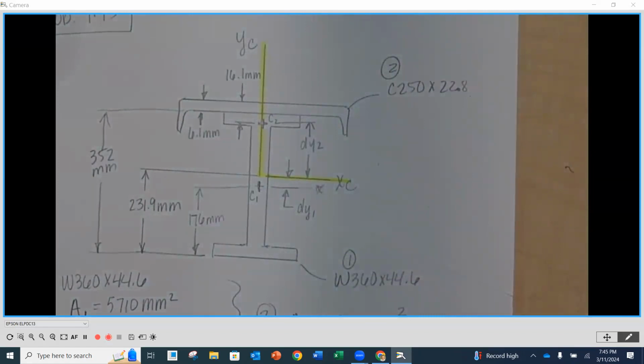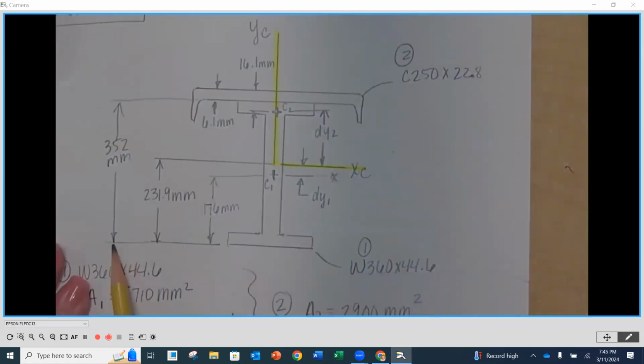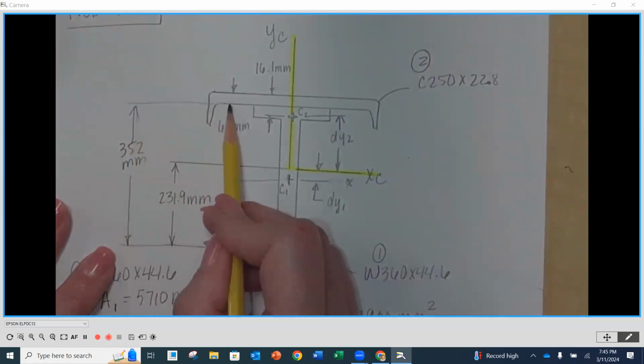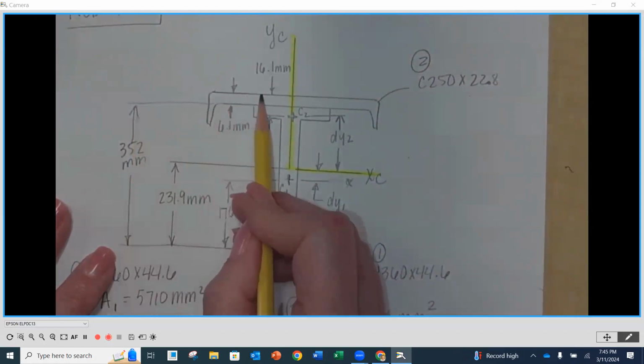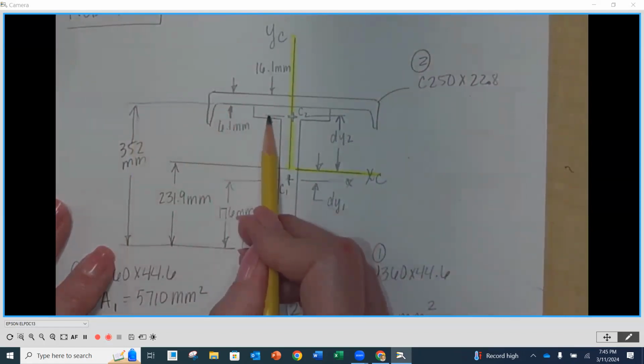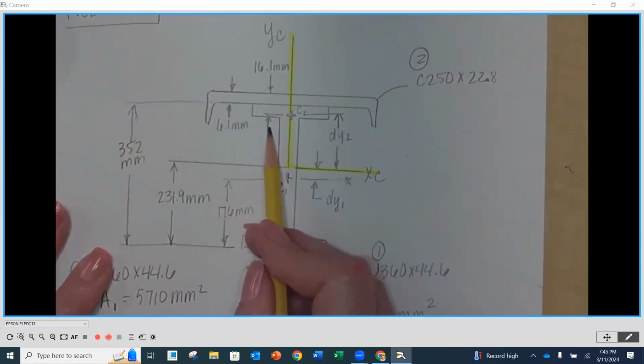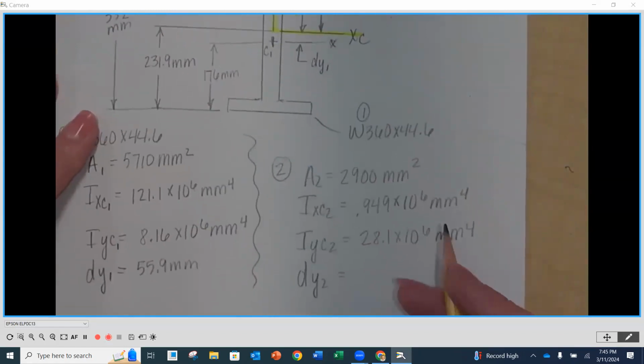So if we start at the bottom here, kind of do continuous dimensions, we'll see if we can get this. Actually, from our centroid, we go down to 231.9, down to the bottom. Then we're going to go up underneath, go up the 6.1, and then down the 16.1, and that'll be the distance left over. You guys agree? So this is what we're going to do. We're going to do this in sequence.